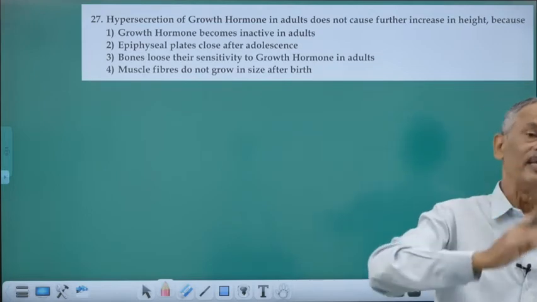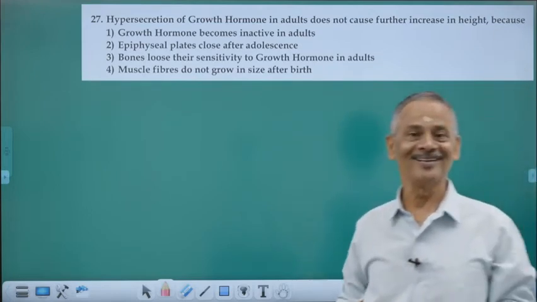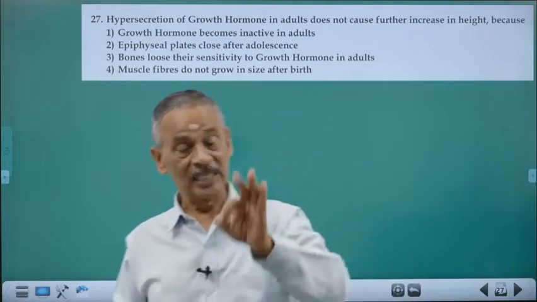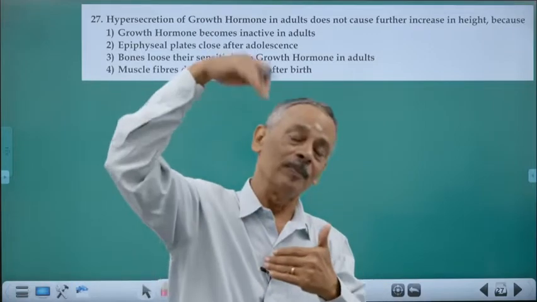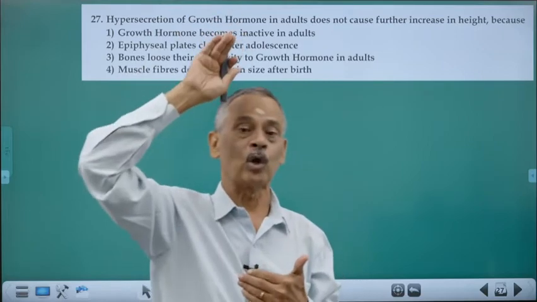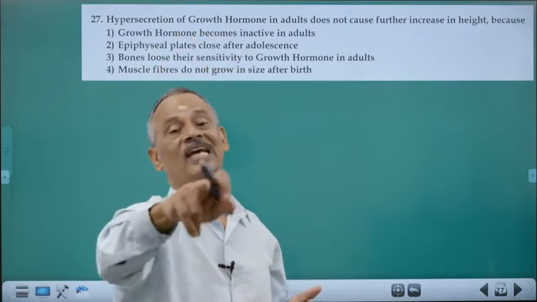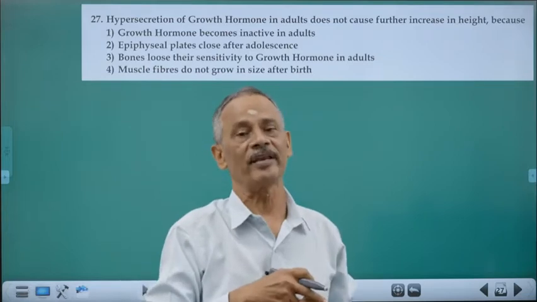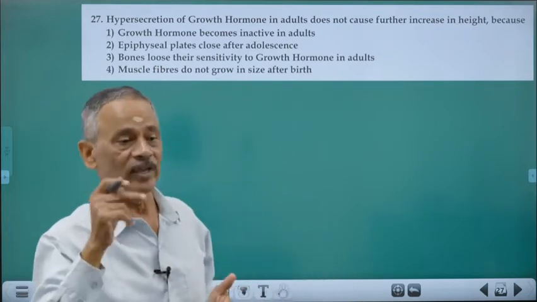The increase in height is not possible. If it is in infants, children, then the person will be attaining higher and higher height. The person continues to grow. Then it will result in gigantism. So, gigantism in children and acromegaly in adults. Why?